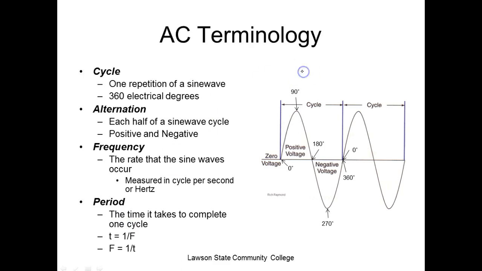So that would take 1/60th of a second. 60 cycles per second. Now, if we did the math, this would come up to be 16.666666 milliseconds. And that would be what we call the period. So the period is what? The time it takes per cycle.